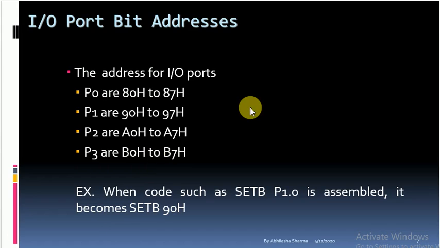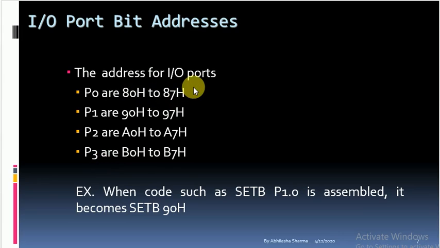Yes, and the next part is how to access a particular port. We can access the I/O ports, port 0, 1, 2 and port 3, with the help of the name of the port, or by another process for accessing a particular port in programming. This is the address.